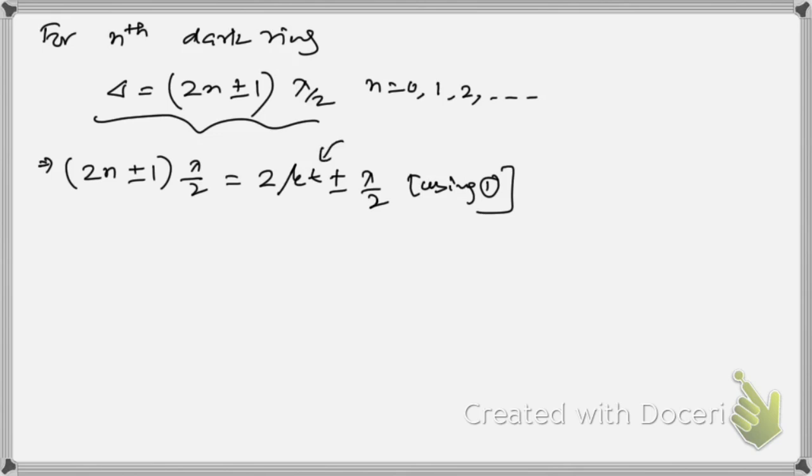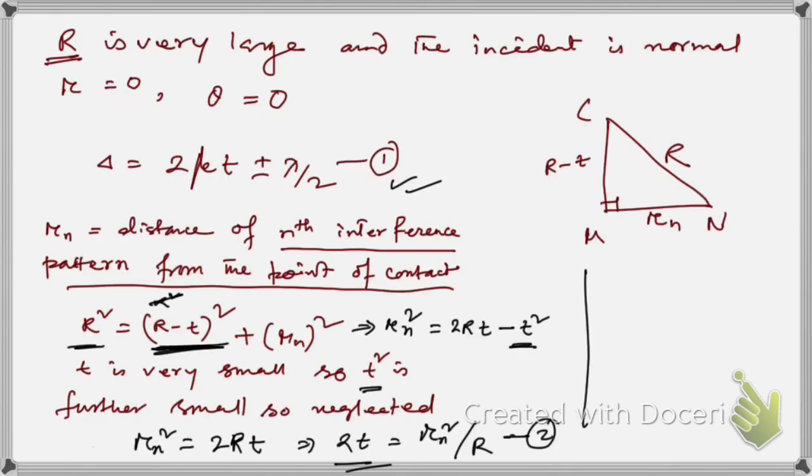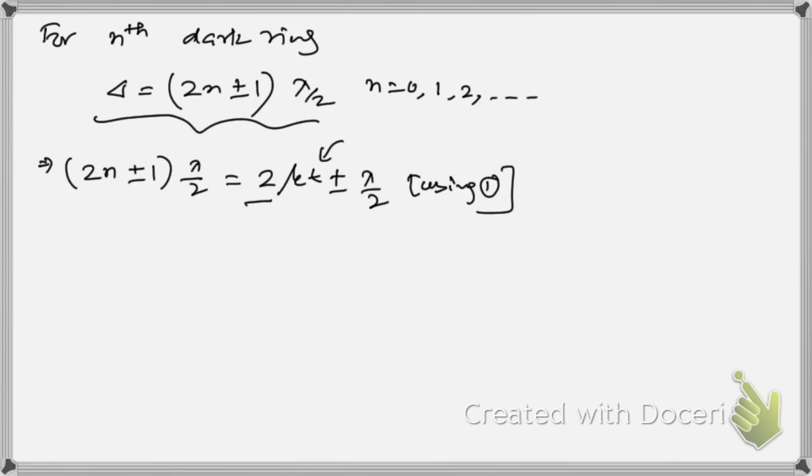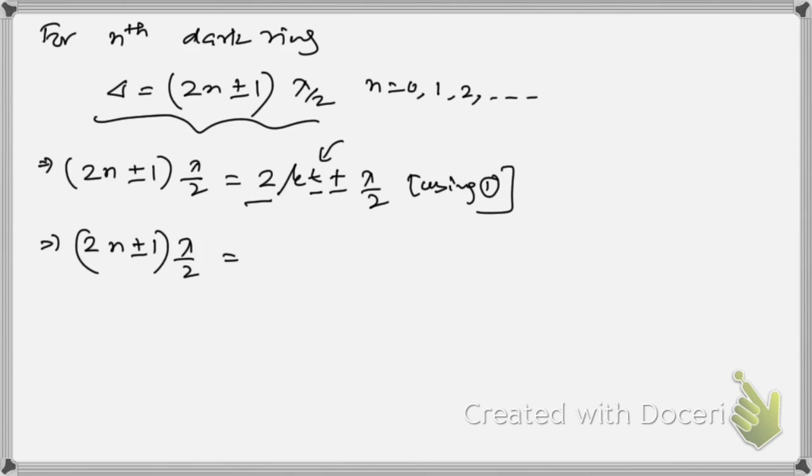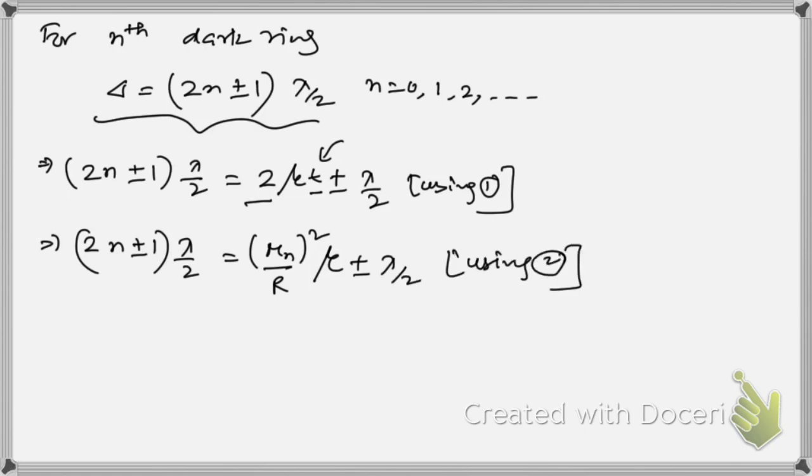Now again we have got the expression for t here. This 2t is equal to this one, right? So here this 2t can be replaced by this relation, and plus minus 1 lambda by 2. Then using this relation, using equation number 2, we will get here rn square by capital R mu plus minus lambda by 2. So using equation number 2, right?